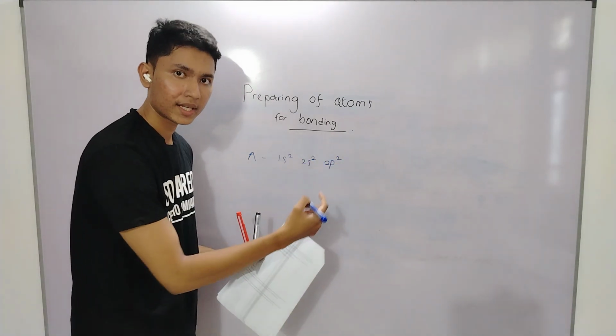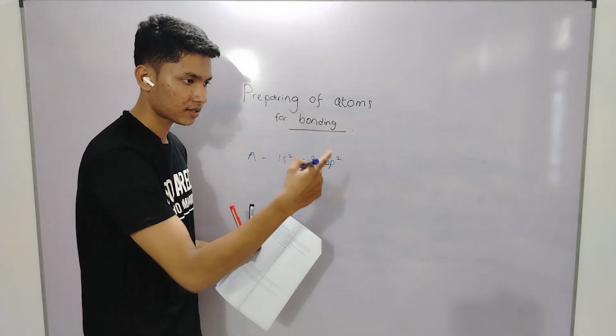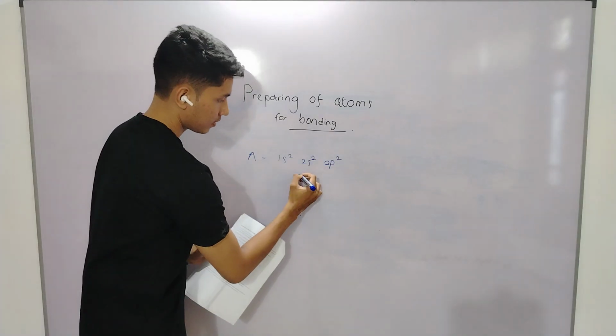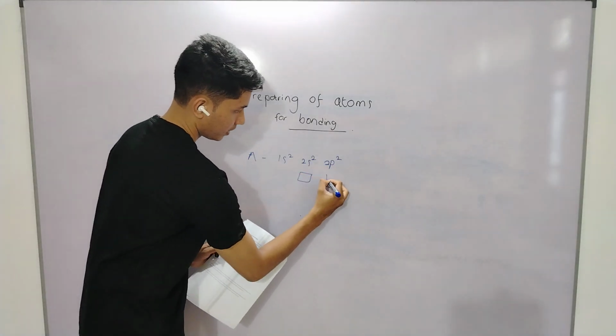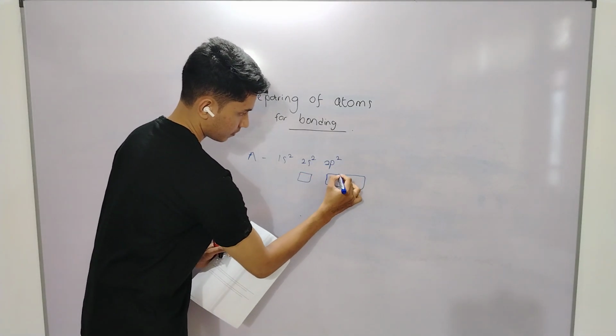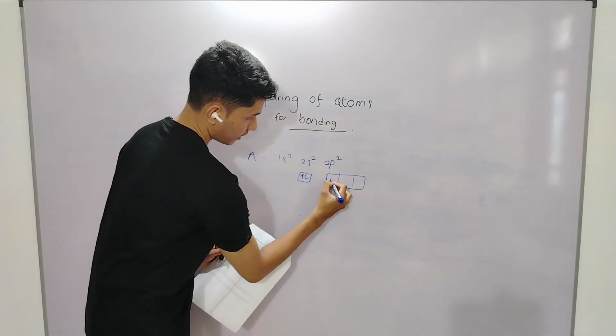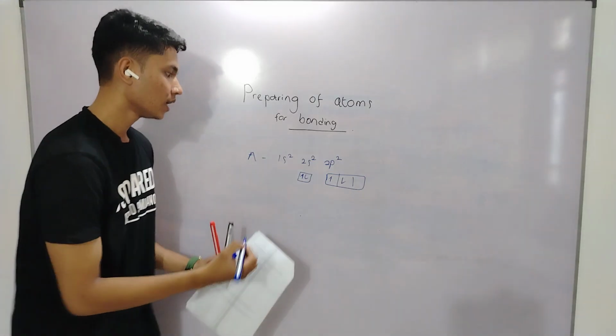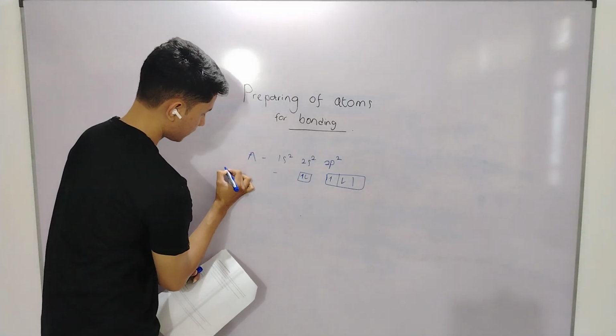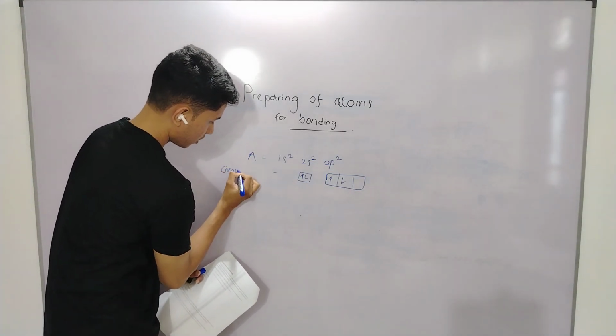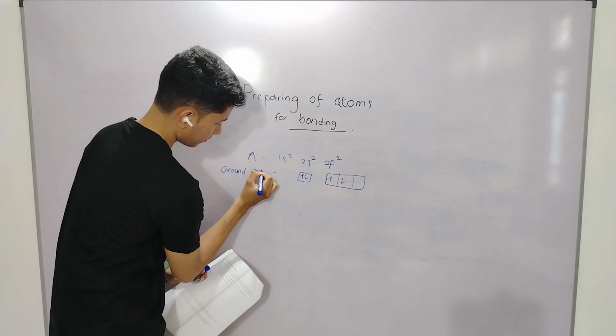So how are the electrons filled in the orbitals? The electrons are filled like this in the orbitals. You call this the ground state of the atom.